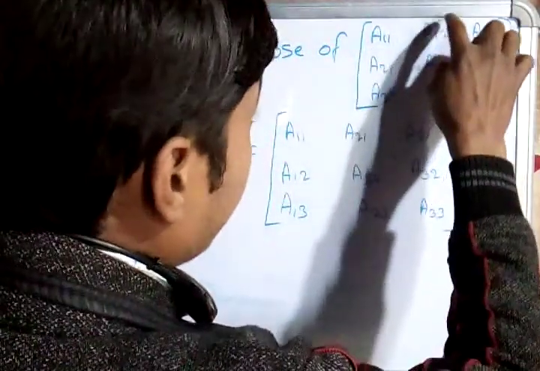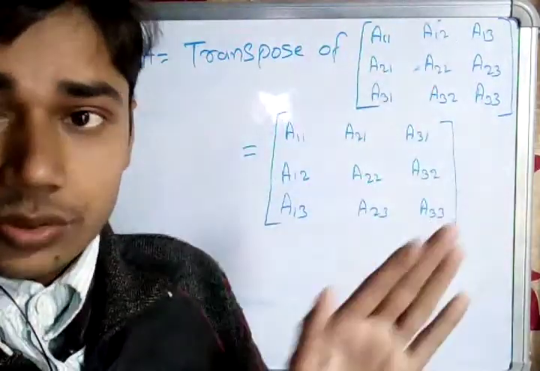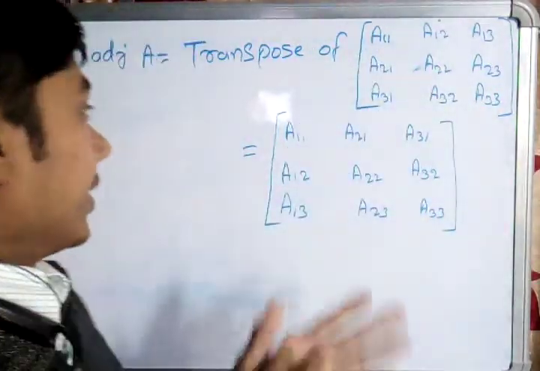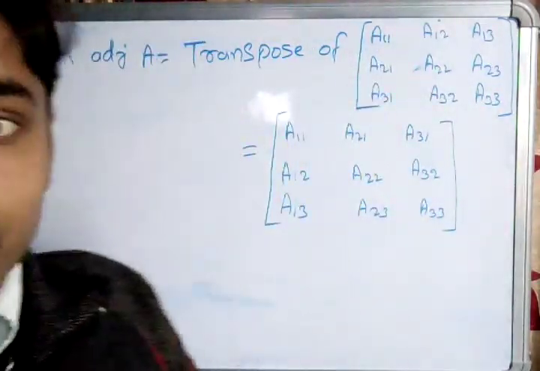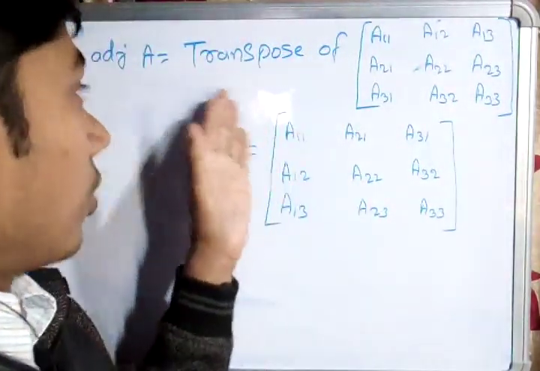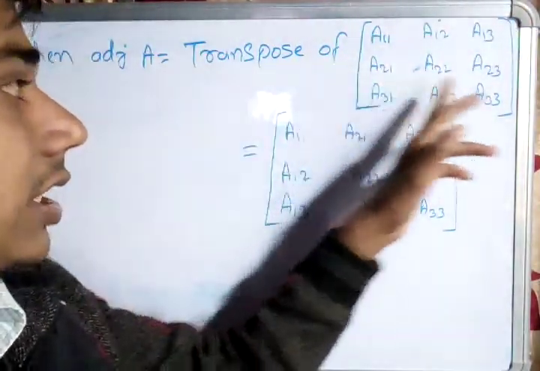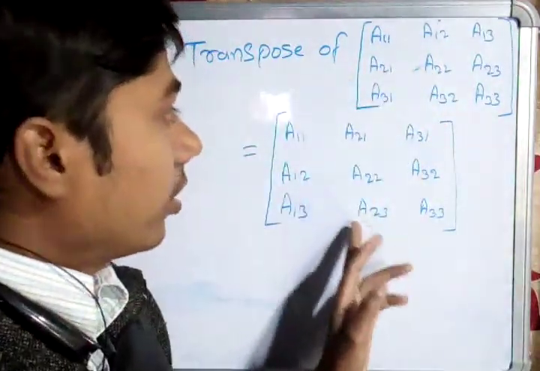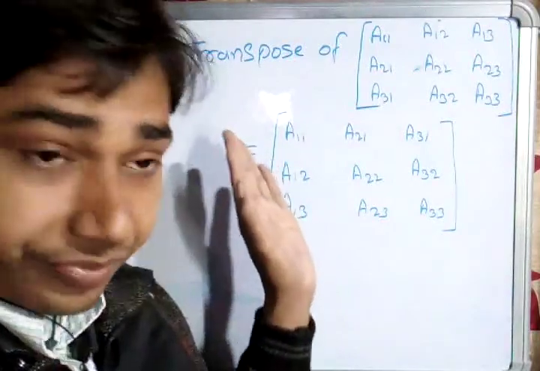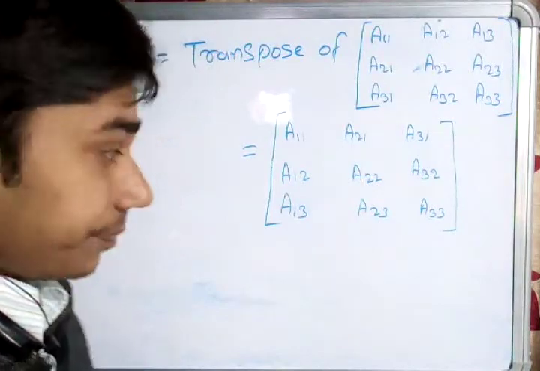We know that the cofactor is denoted by Aij, then the new matrix B, the transpose of B. Here the first row changes into the first column, the second row into the second column, and the third row into the third column. So this is a new matrix, and we find the new matrix.